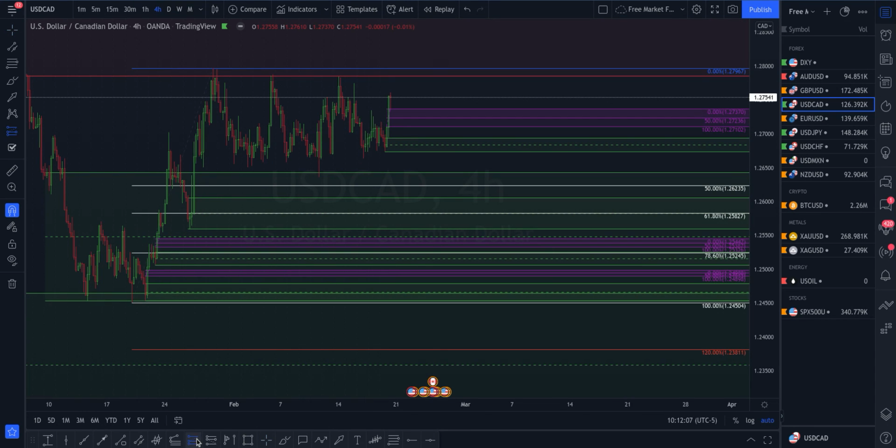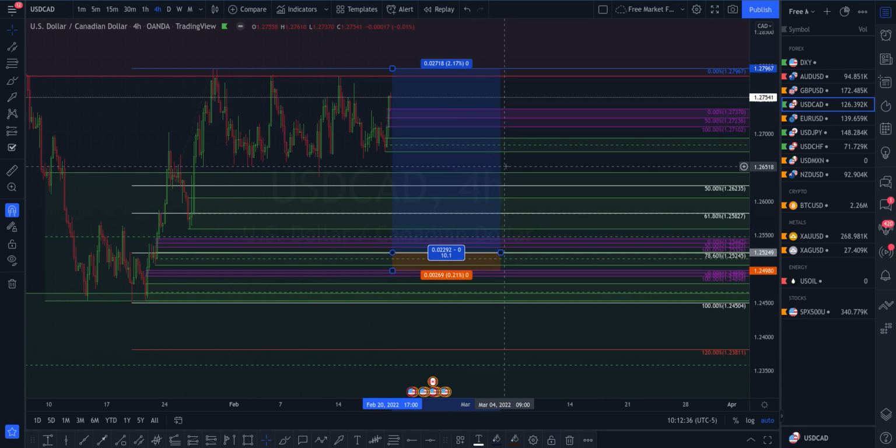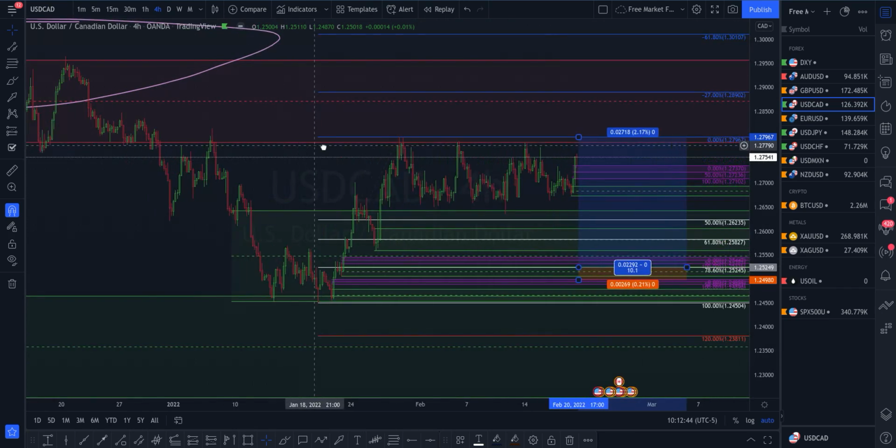But just for the sake of the video and for consistency's sake, we will put a buy order here and go just beyond there, and initially aim for that high, which is at the 0%, which still gives us a 10x trade. Let's just say that.